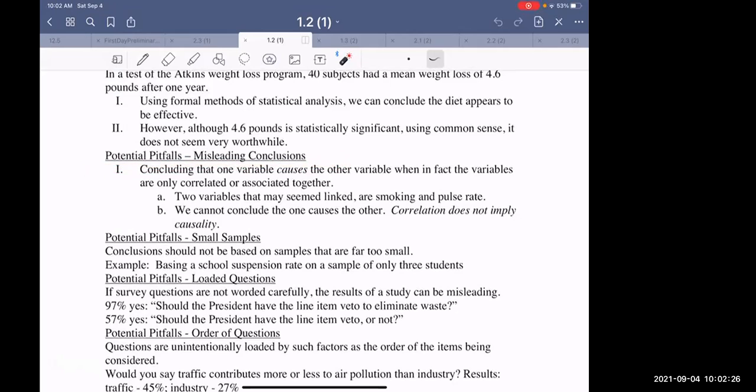So, potential pitfalls. Misleading conclusions. This is said a lot: concluding that one variable causes the other variable, when in fact variables are only correlated or associated.